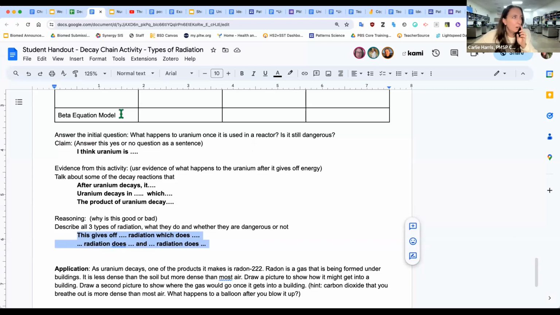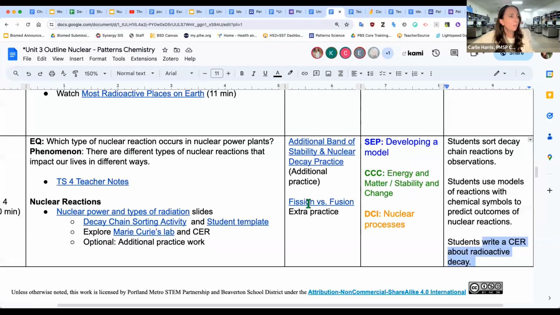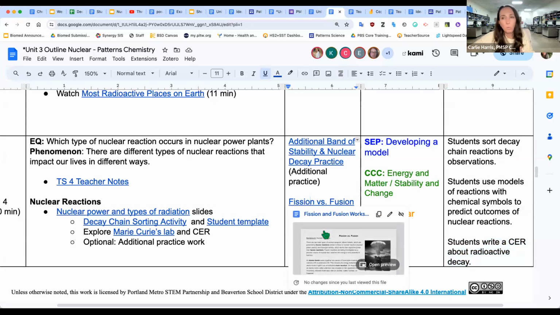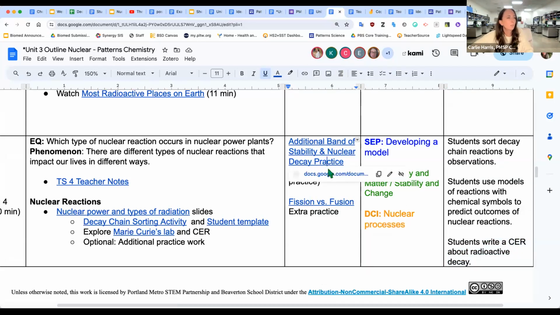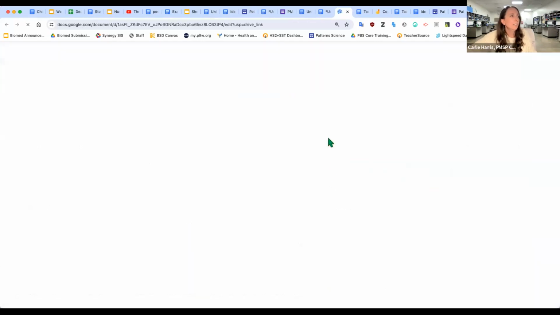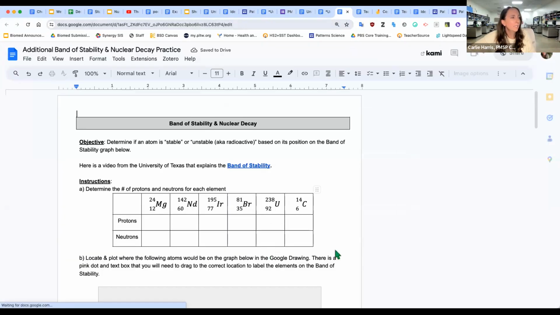Are there answer keys? Okay, that's a good question. We do have answer keys for a lot of things. For these ones in particular, I think some of these were recently updated. So we need to have some answer keys for these. I don't think I've seen an answer key for this one.